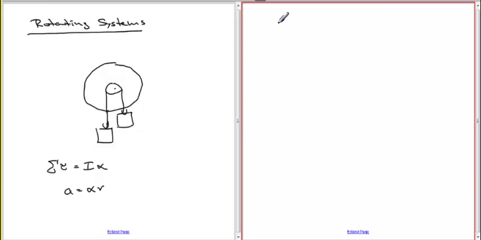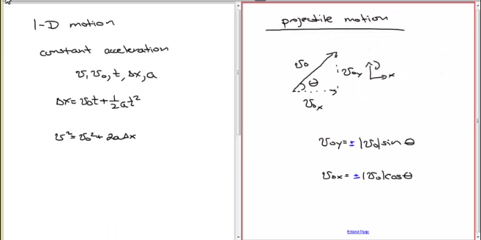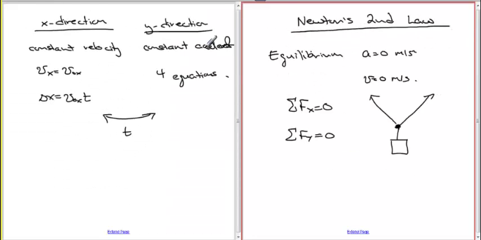And we also have the equilibrium case, which we've dealt with these beams. If you go back to what we talked about with equilibrium in Chapter 4, we had, where was that? Right here.